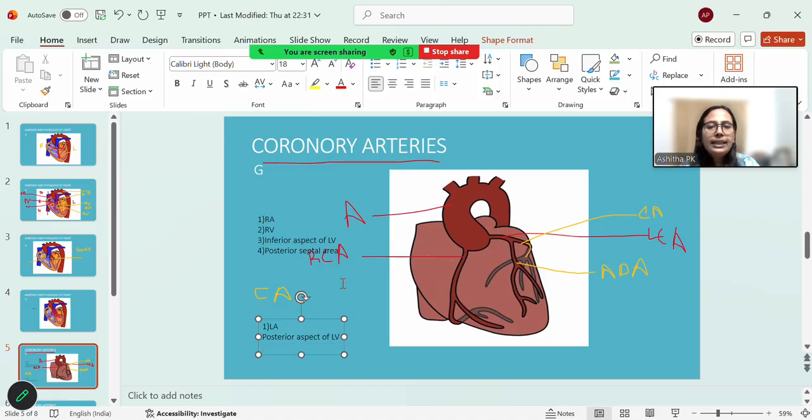The next branch is the anterior descending artery.